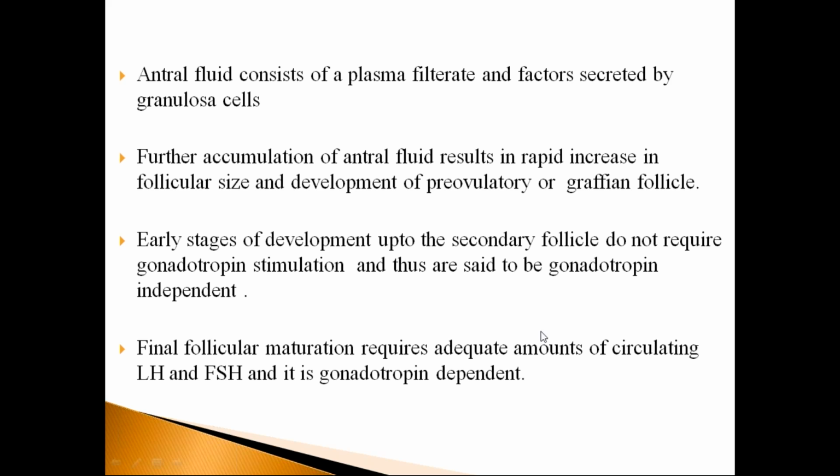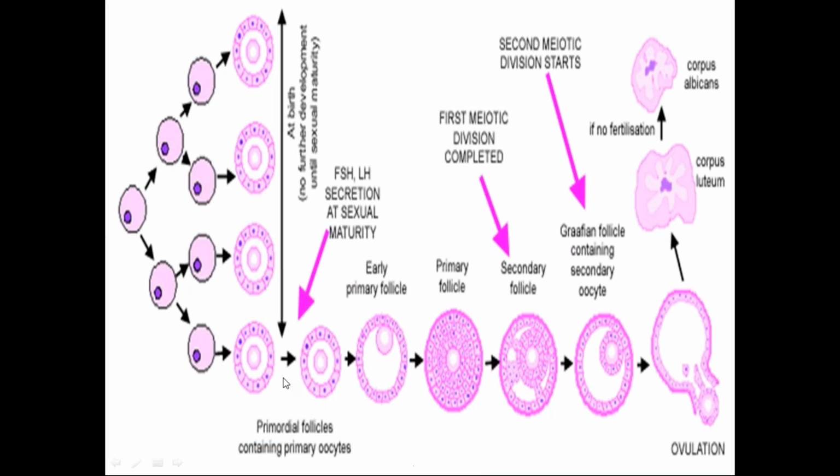Early stages of development, up to the secondary follicle, are not under the influence of gonadotropins, so we call it gonadotropin independent. Final follicular maturation requires adequate amounts of LH and FSH. Therefore, these are gonadotropin dependent. This is again another picture.